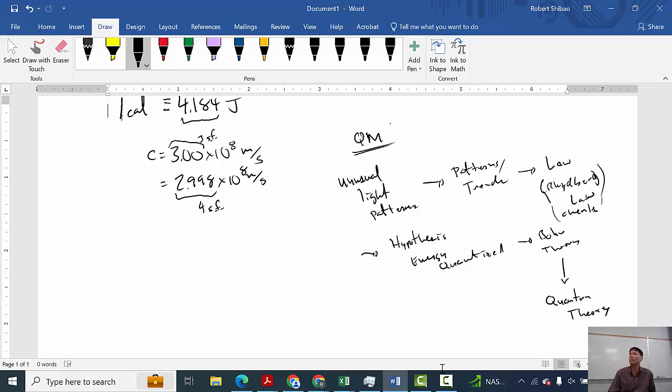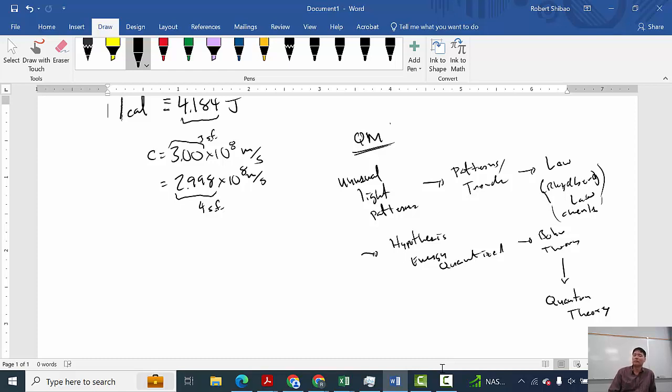But this is for quantum mechanics here. Quantum mechanics goes hand in hand with quantum theory. Yeah, quantum mechanics, quantum theory, quantum chemistry, quantum, they're words for the same thing. They all mean the same thing. Quantization versus continuous. Continuous or continuum, those are opposites.